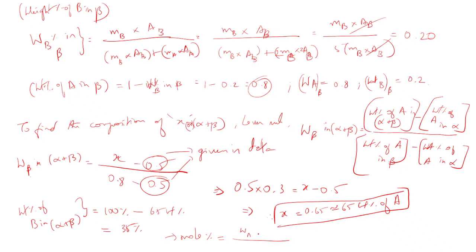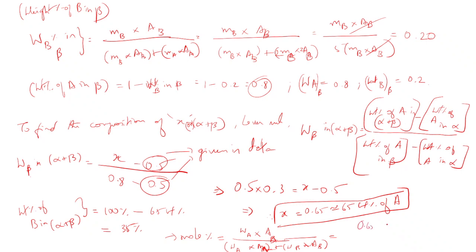Weight percentage of A divided by atomic weight of A, over weight percentage of A divided by atomic weight of A plus weight percentage of B divided by atomic weight of B.